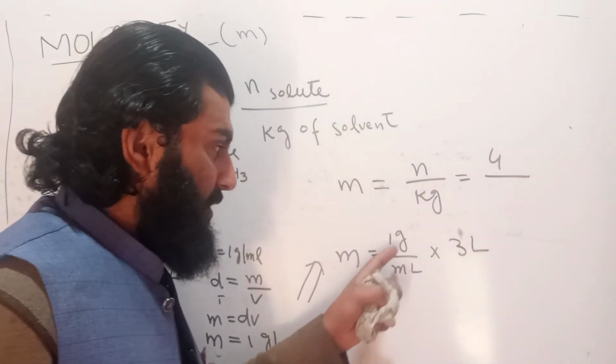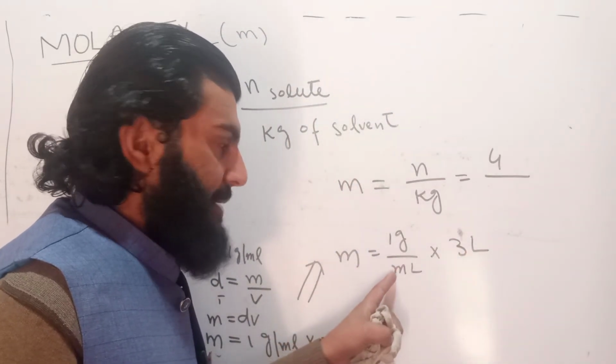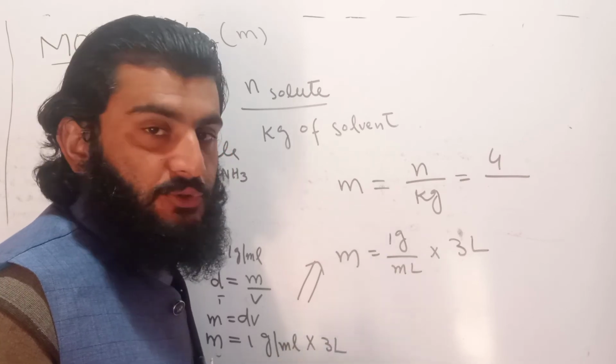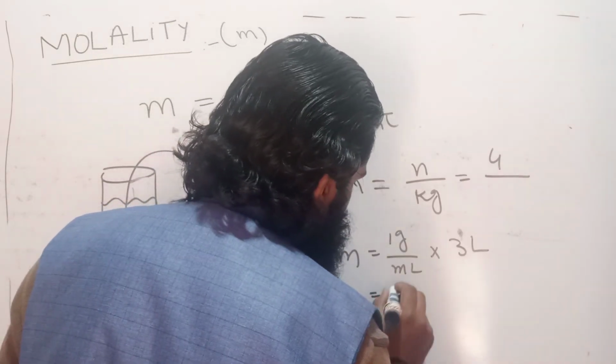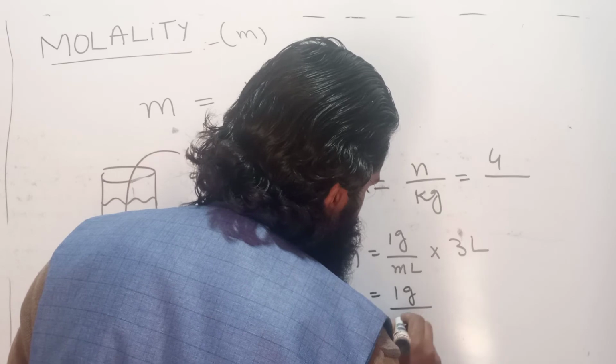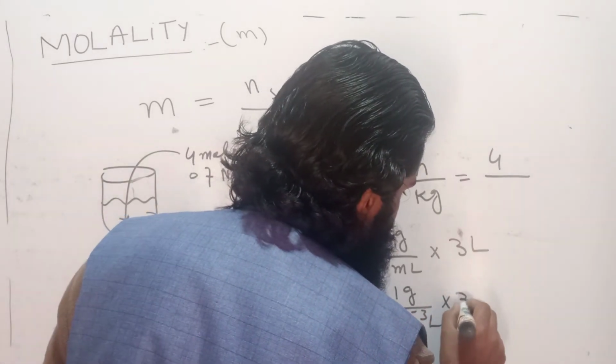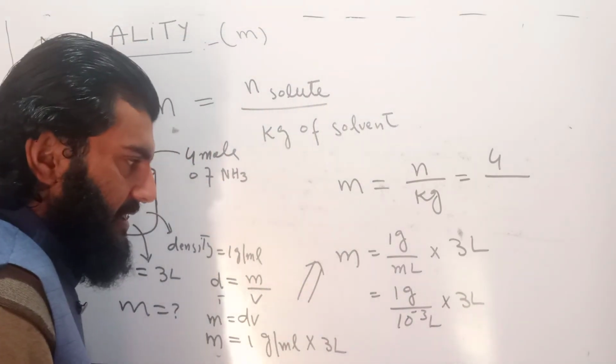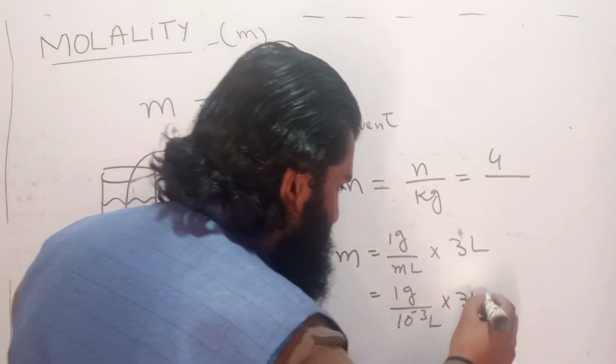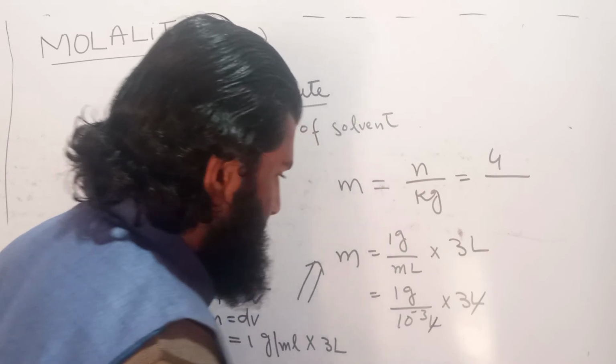So now we convert this ml into its value: 1 gram per 10 raised to the power minus 3 liter multiplied by 3 liter. Clear? So liter and liter cancel.